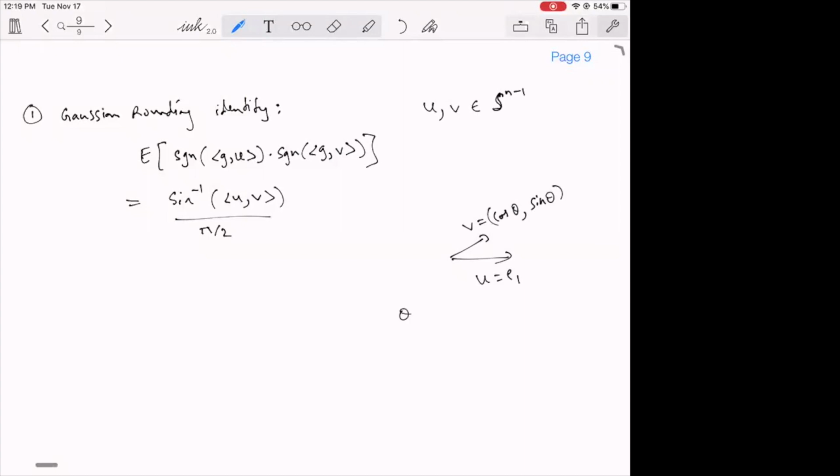We can always rotate any two vectors U and V so that this is the case, right?